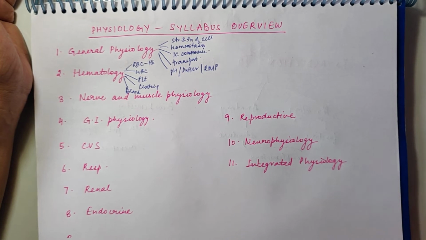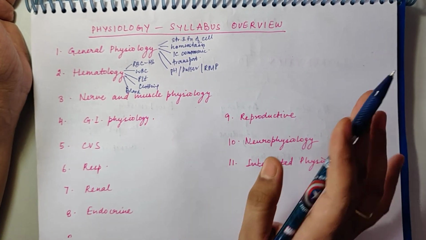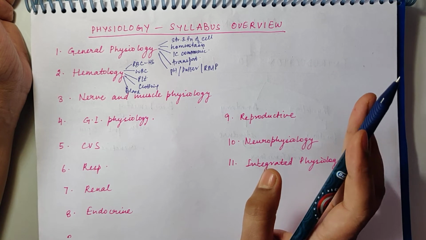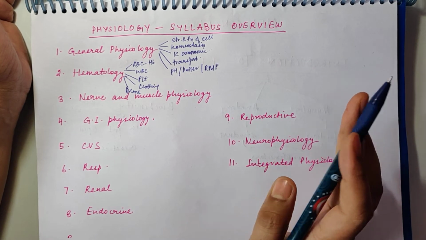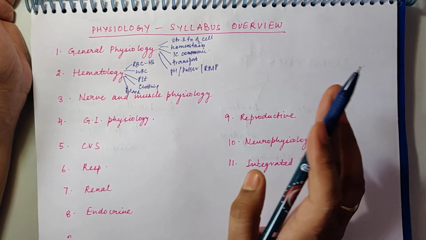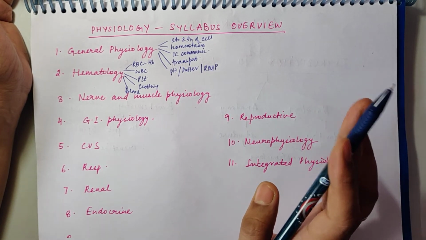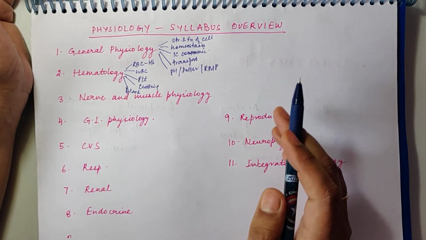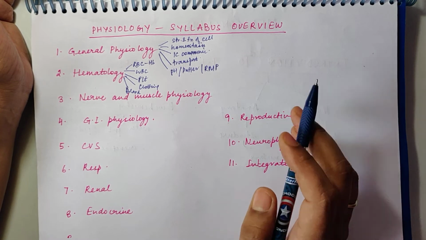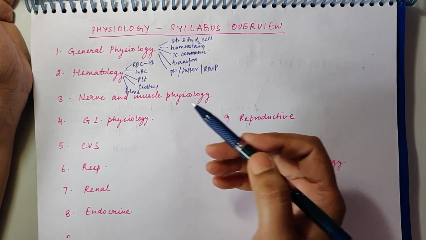Then nerve and muscle physiology, only from a tissue perspective. We are not talking about the organ or the organ system, just nerve, how the conduction occurs there, what is the regulation, and muscles, the different types of muscles, and how they function. Then we will learn about the GIT.